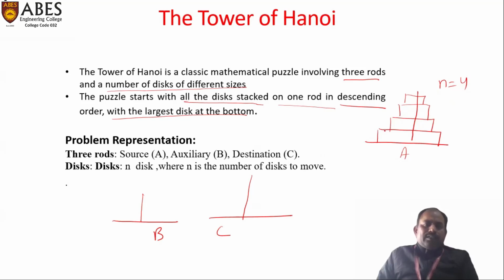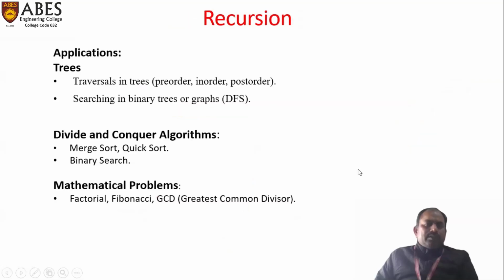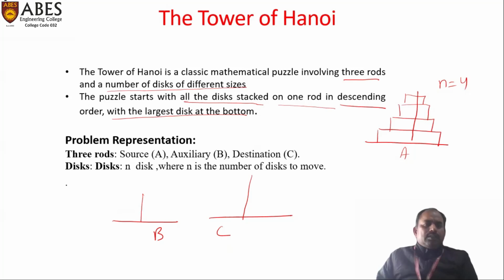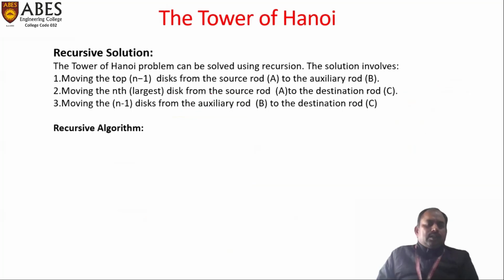Second, we have to move only one disk at a time. These are the two rules we have to follow in the Tower of Hanoi problem. Following these rules, let's see how we solve this problem using recursion.